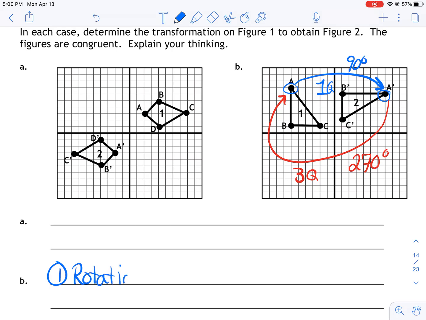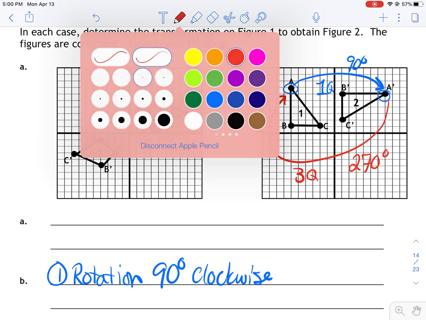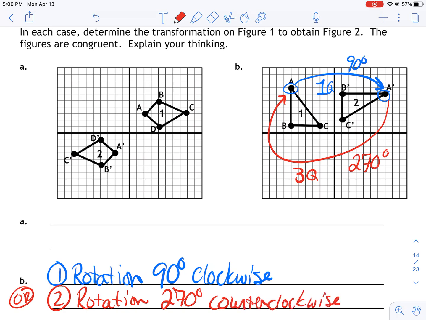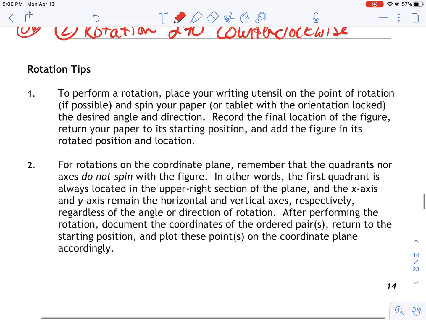So for B, you could say a rotation 90 degrees clockwise, or a rotation 270 degrees counterclockwise. All right, that's going to do it for this part of the notes, this transformation.